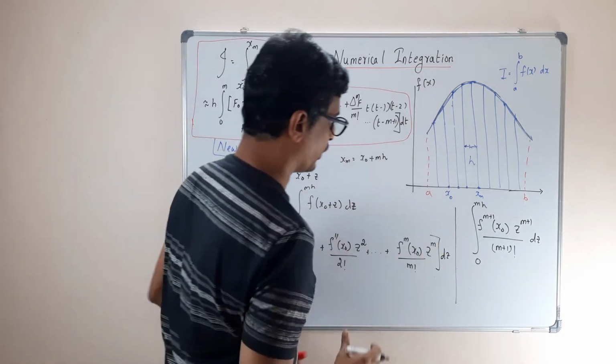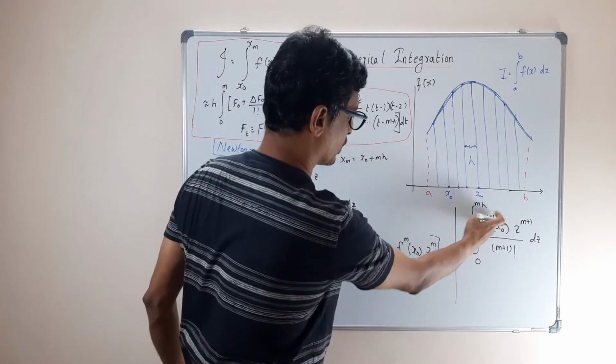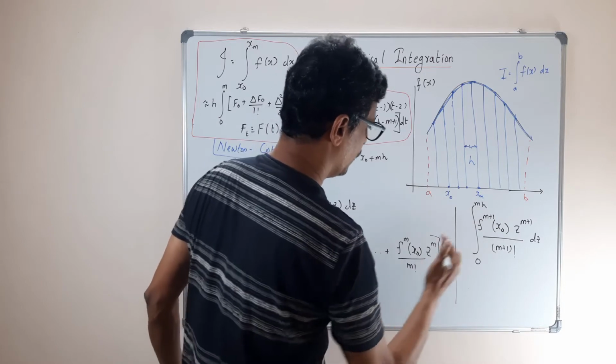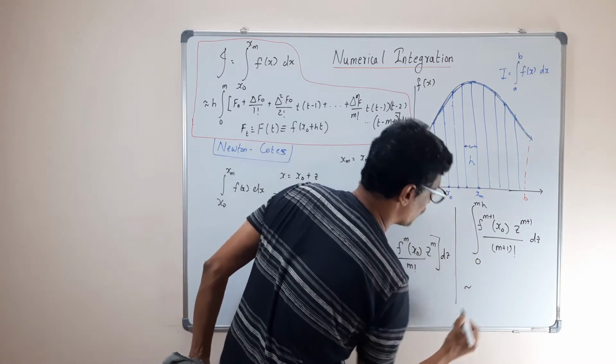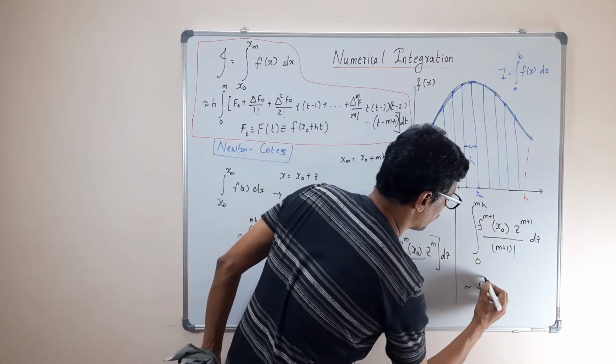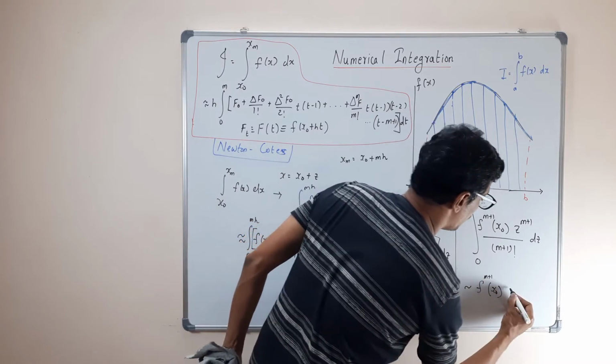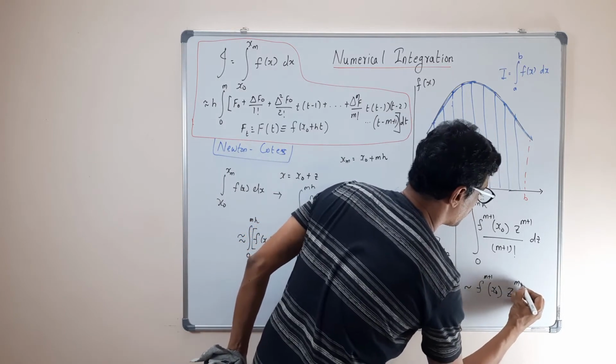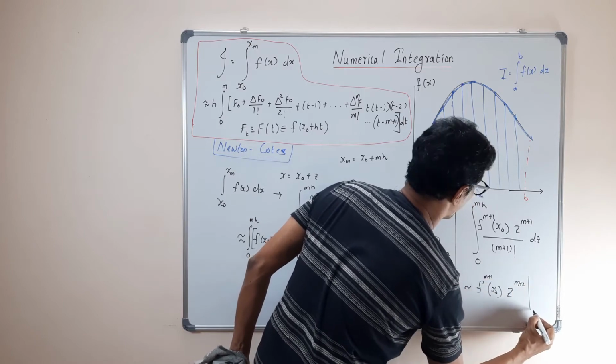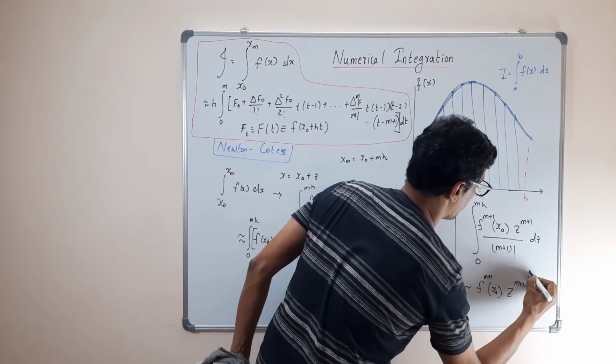So let us try to find out what this term will be. Of course, the derivative is not a function of z, so you can take it out. So this will typically go as f of m plus 1 of x0 into z to the power m plus 2, when I put the limit of 0 to mh.